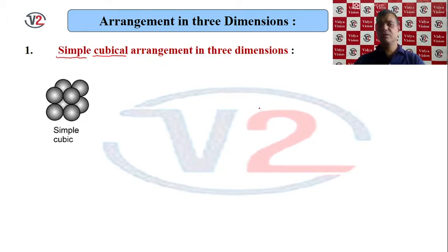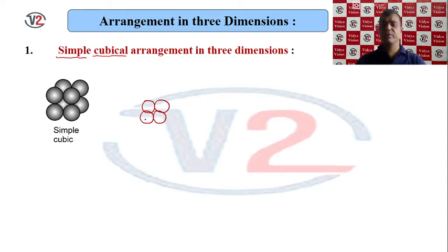In the simple cubic arrangement, we can represent the particles in this way. Here we can see that four particles are present in 2D.